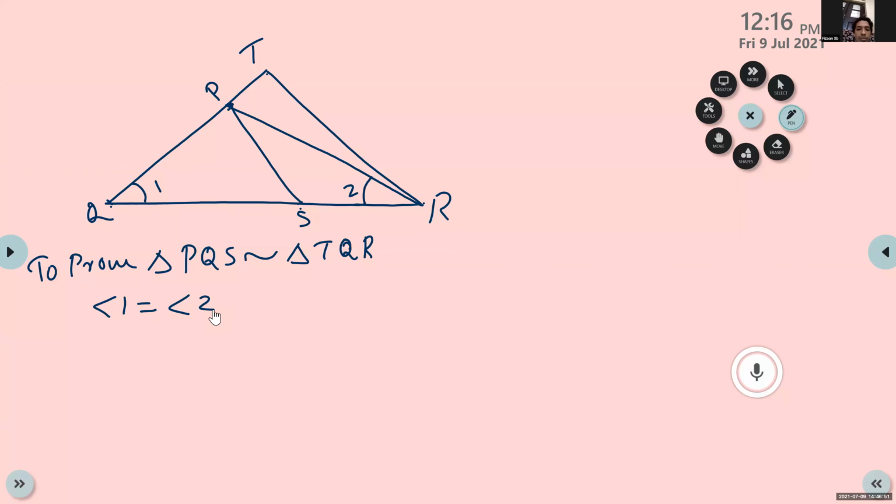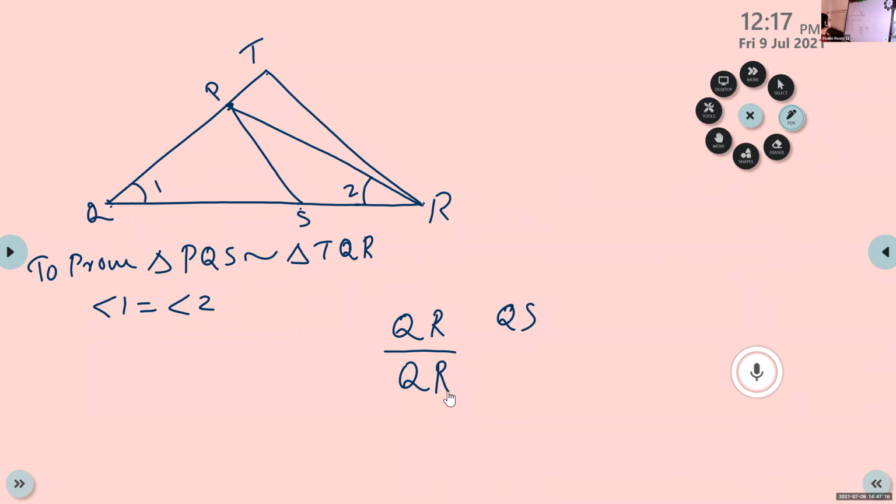QR and QS are proportional. How can we say they are proportional? Their measurement is not given. So how can you say, Srihari, they are proportional? QR by QS equal to what?